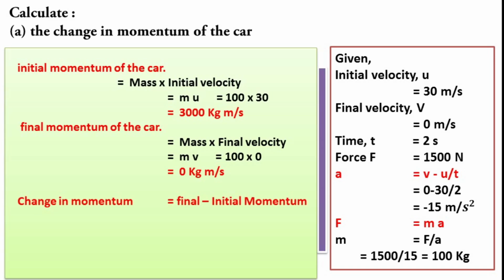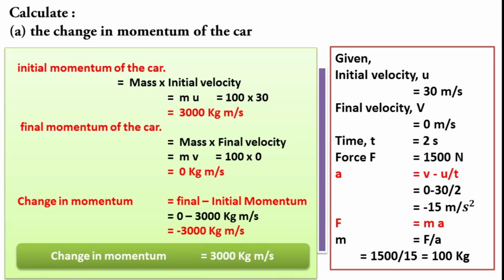So change in momentum is equal to final momentum minus initial momentum, which is equal to 0 minus 3000, that is equal to minus 3000 kilogram meter per second. Please note, whenever we find change in momentum, we need not use the negative sign. So change in momentum is equal to 3000 kilogram meter per second.